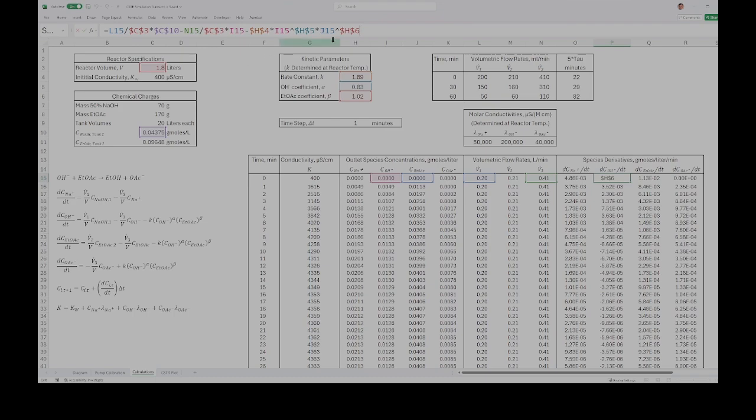And then I'm going to subtract off the reaction rate, which is equal to our rate constant K, in this case k, multiplied by the hydroxide ion raised to the alpha power times the ethyl acetate ion raised to the beta power.